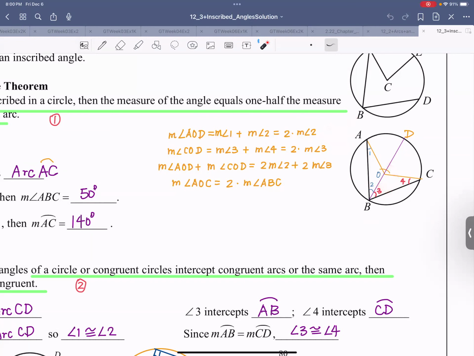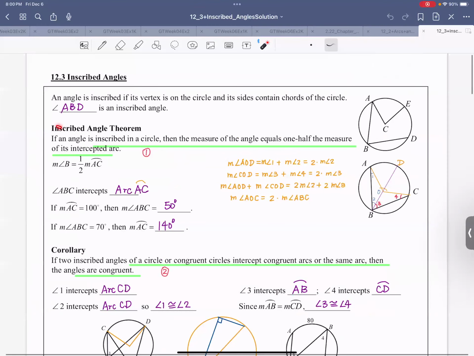Next, you add the left side and the right side. So AOD plus DOC equals AOC. And 2 times angle 2 plus angle 3 is angle ABC. So that one is double that one. This is called the inscribed angle theorem.